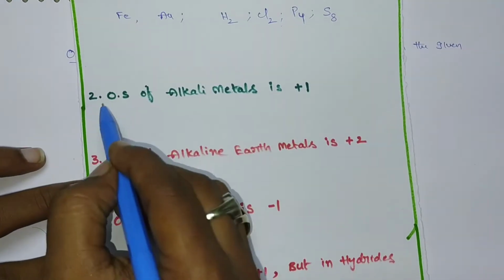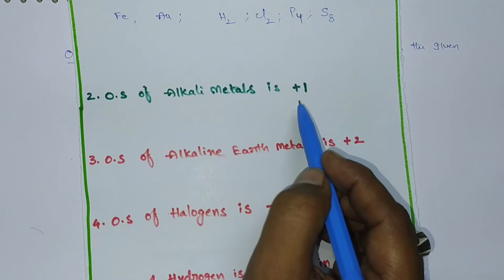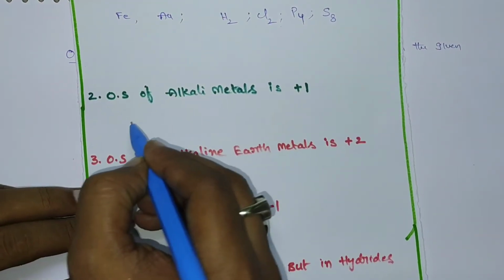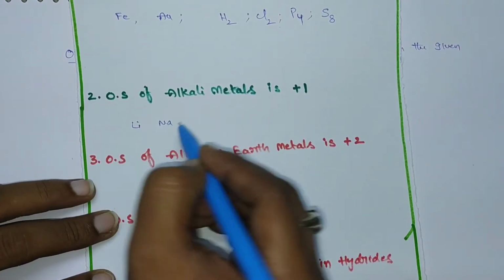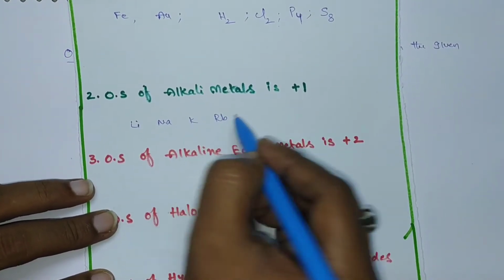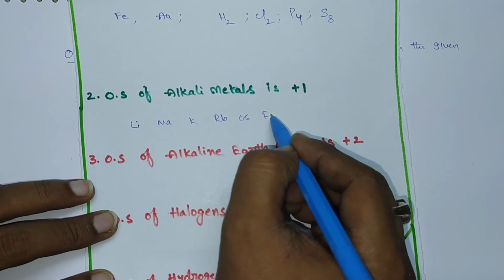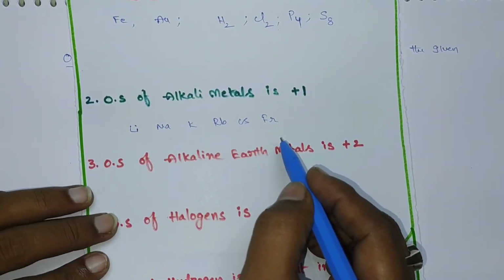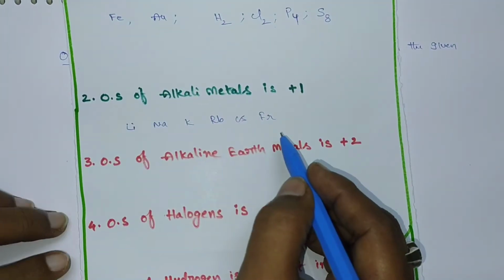Next, the oxidation state of alkali metals is +1. Alkali metals means the first A group elements, that is lithium, sodium, potassium, rubidium, cesium and francium. All these elements exhibit +1 oxidation state, since these belong to first A group elements.